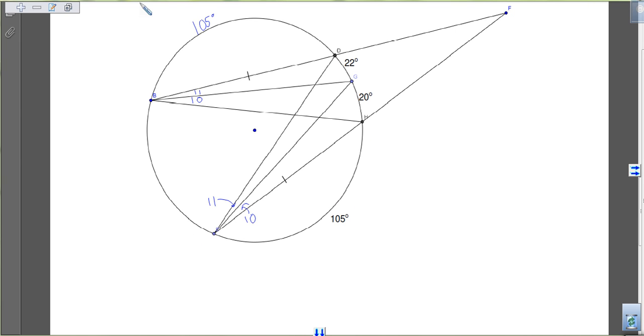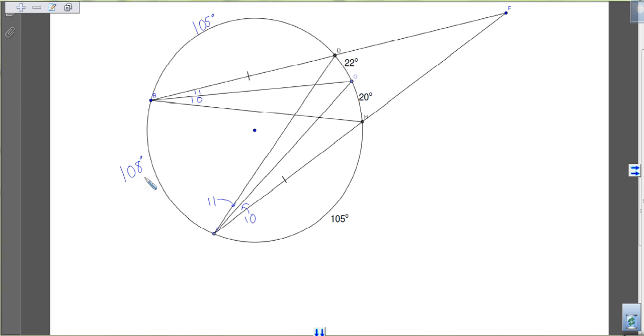I always want to be looking for those easy answers. I always want to be looking for that 360 degrees in the circle. I know that those all have to add up to 360, so if I take 360 minus 105, minus 20, minus 22, minus 105, I'm left with 108.